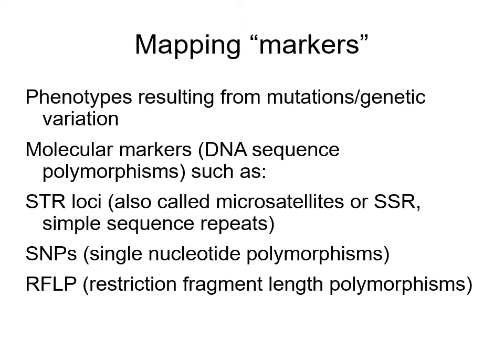But equally good, sometimes better as markers, are DNA sequence polymorphisms, including the STR loci, which we've seen before, and the SNPs especially, which are single nucleotide polymorphisms. So any genetic variation of that sort that you can detect can be used to contribute to your map.